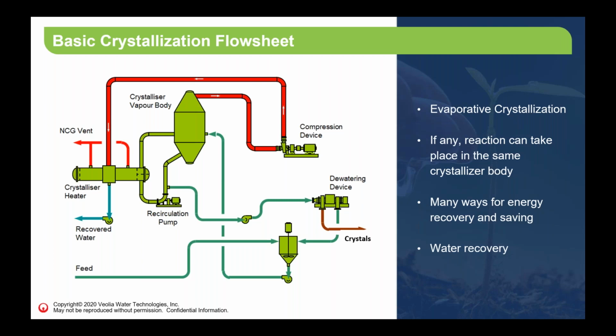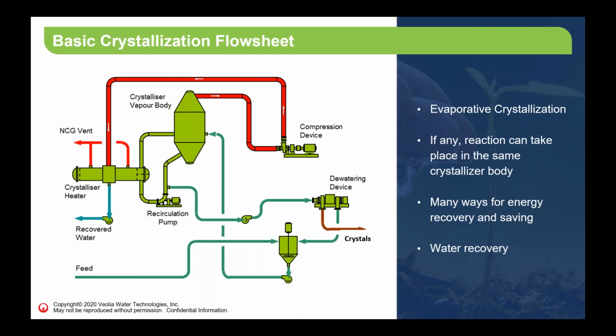And in the crystallization flow sheet, we can do many things for energy recovery and saving. Here, for example, you can see vapors leaving the crystallizer. They are compressed through a compression device. Typically, it's a mechanical vapor recompression, which is what we are showing here. The compressed vapors go to the heater that drives the crystallization process.